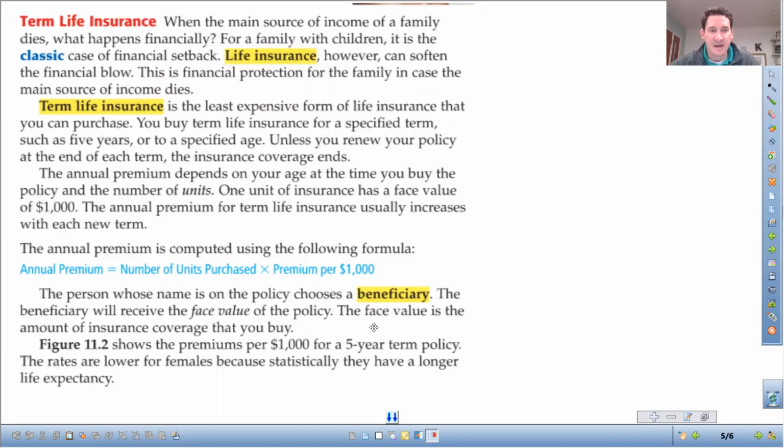And then, like I said, the person whose name is on the policy chooses a beneficiary. So if you have this life insurance policy, you choose a beneficiary so that when you die, the face value of the amount of insurance coverage goes to that person. So my wife is my beneficiary on my life insurance. So if I were to die, she gets my life insurance.